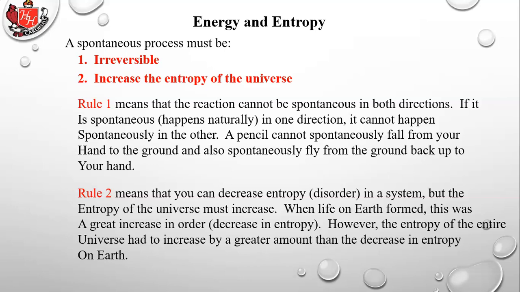However, the entropy of the entire universe had to increase by a greater amount than the decrease of entropy on the Earth. So you can decrease the entropy, the disorder, at a very specific location in the universe, but overall the whole universe is going to experience greater entropy. It's going to have to give up more energy to create that order in that very specific location. So overall, the total disorder of the universe, the total entropy of the universe is going to be greater.